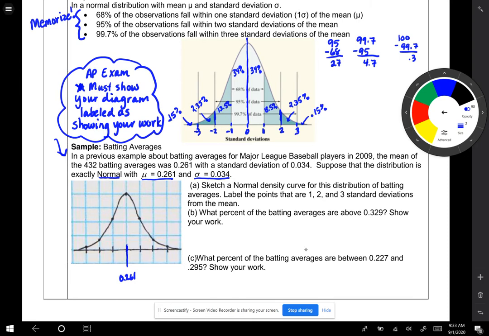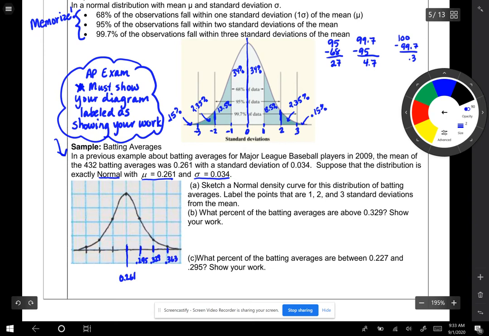So to this number 0.261, I'm going to add 0.034, and I'm going to get 0.295. Next one, you're going to add 0.034 and you're going to get 0.329. And then this last one, you're going to add 0.034 again, and you're going to get 0.363.